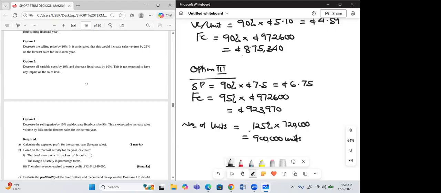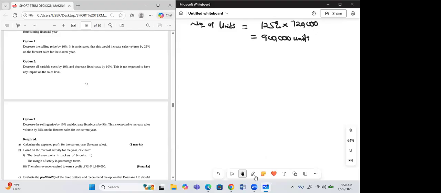Okay. So we use this information to evaluate the profitability. So now, where is Sako Limited?